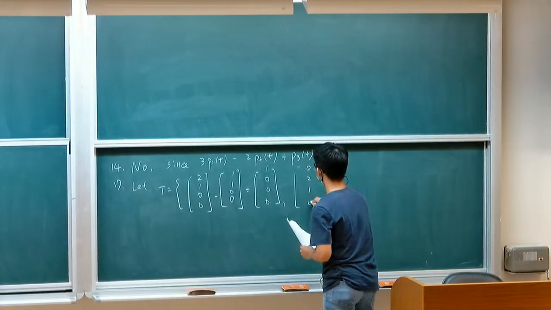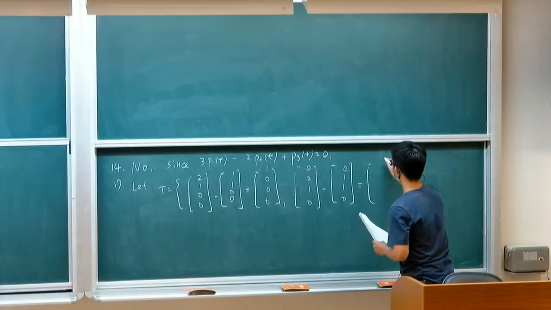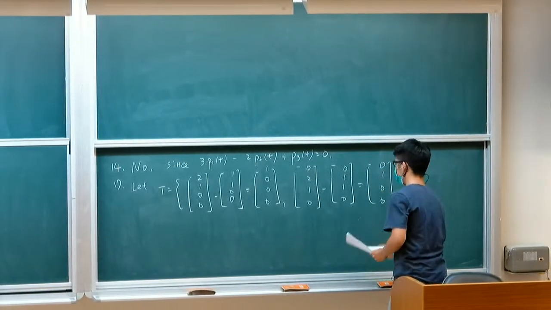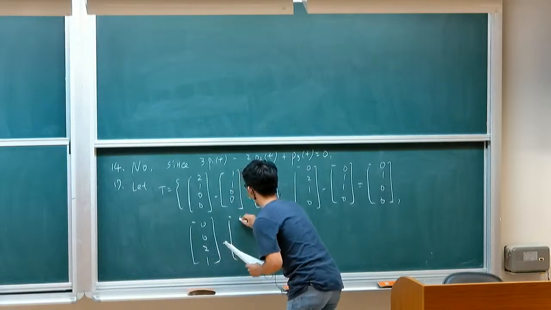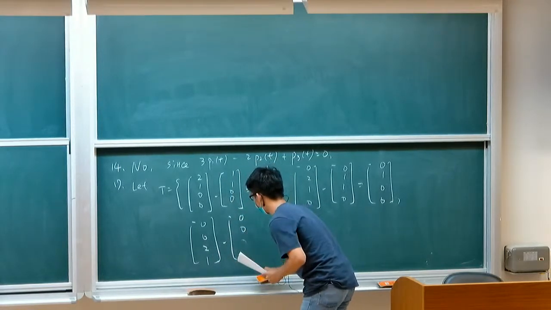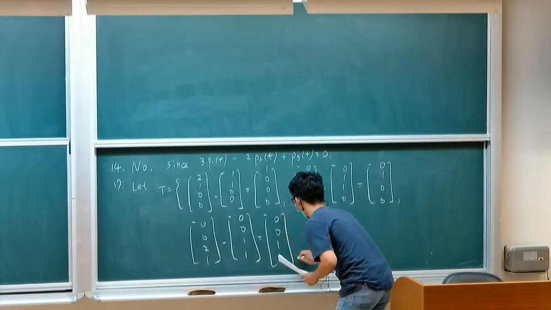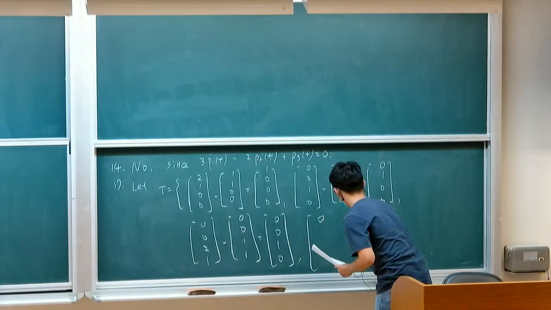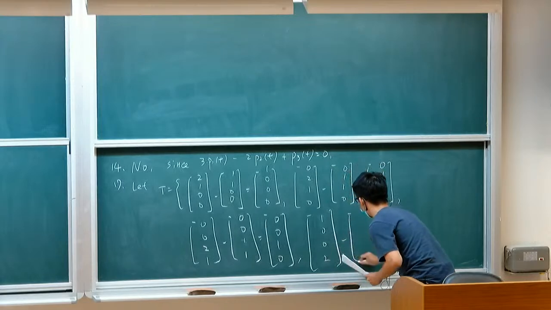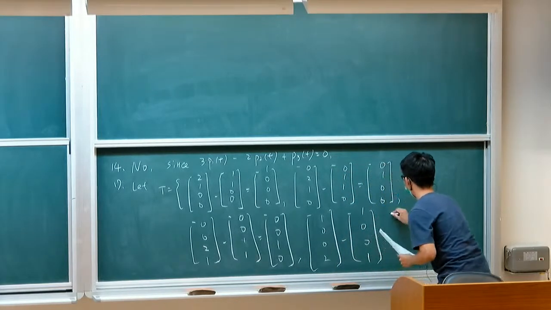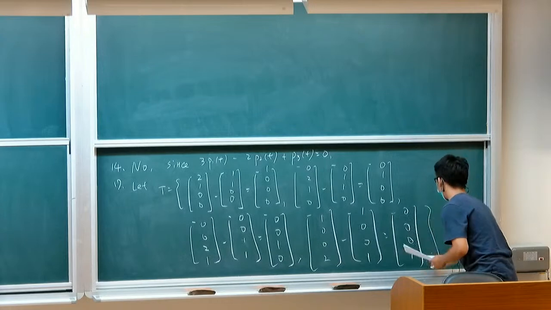And similarly, it gives us 0 1 0 0. And this gives us the 4th standard vector.